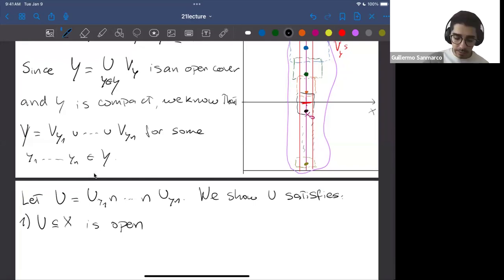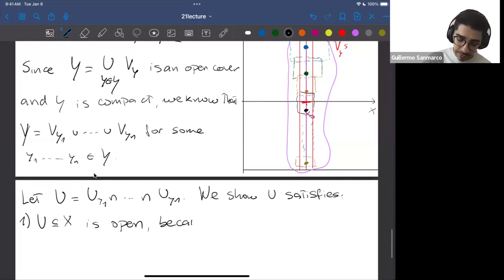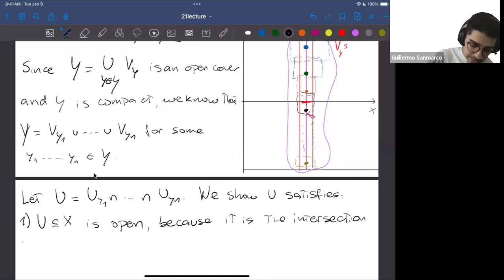It is open just because it is the intersection of finitely many open sets. So that's not very complicated.